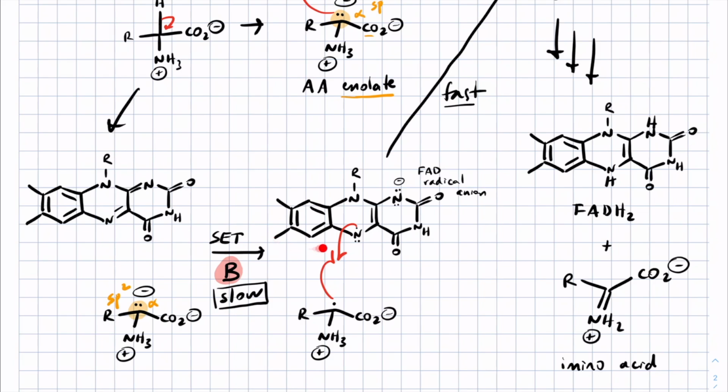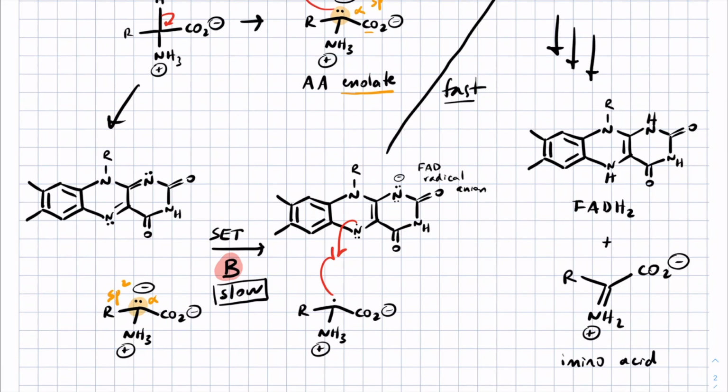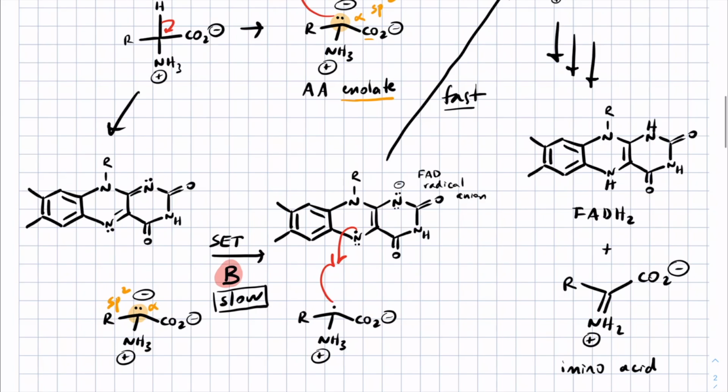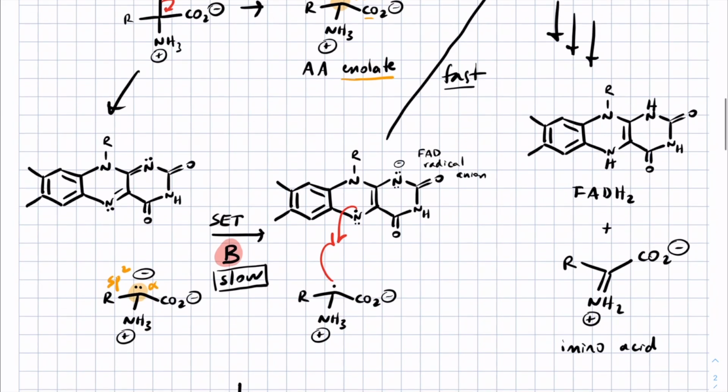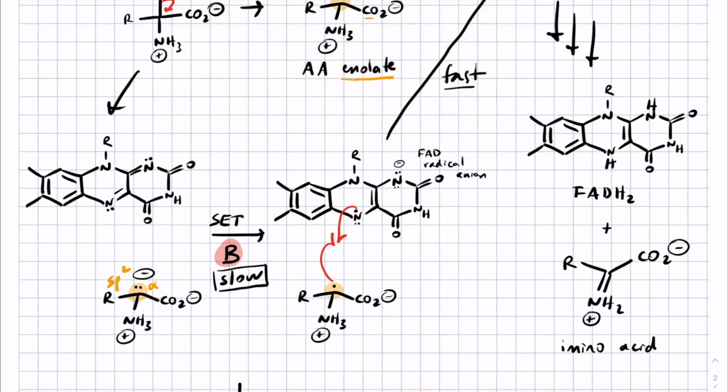The products are these two radicals. This is the FAD radical anion. Here is your extra electron. We've had to rearrange the pi bonds to accommodate that extra electron. But if you count them all up, you can see that we've only gained one radical anion here. And then, of course, because we've removed the electron from the alpha carbon, now we only have one electron on that alpha carbon.